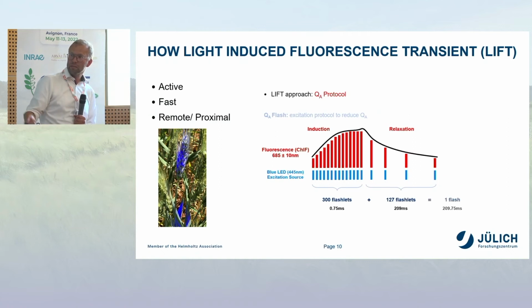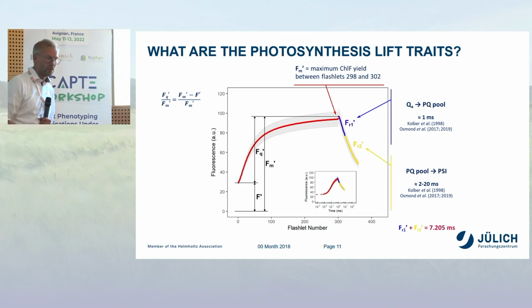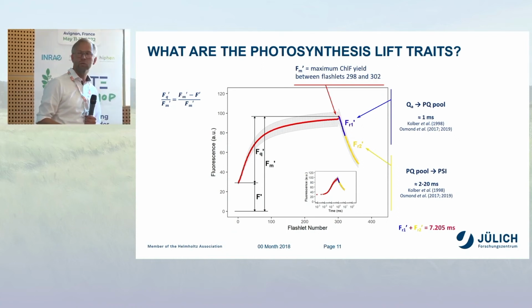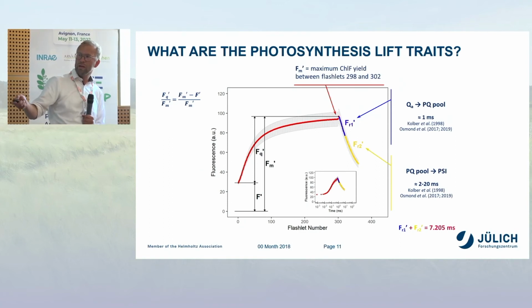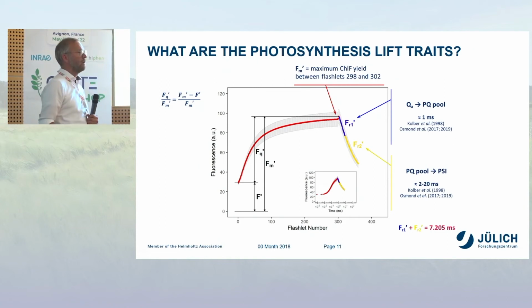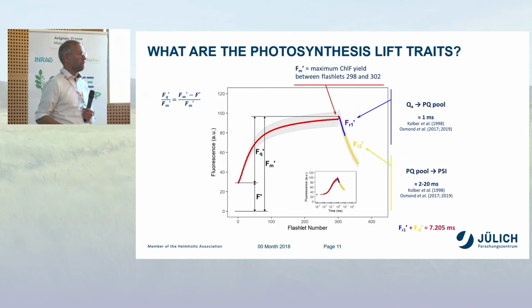And you get the maximum, and to that you can fit a transient. Then we're back at familiar terminology for quite some of you, where we can identify the maximum fluorescence and the minimal fluorescence, and from that derive the photosynthetic efficiency. We can also look a little further into the reoxidation: how the first quinone acceptor reoxidizes, and the reactions to the plastoquinone pool.